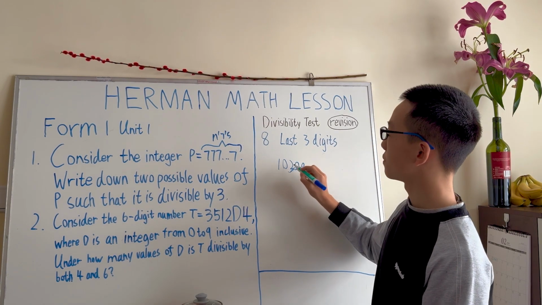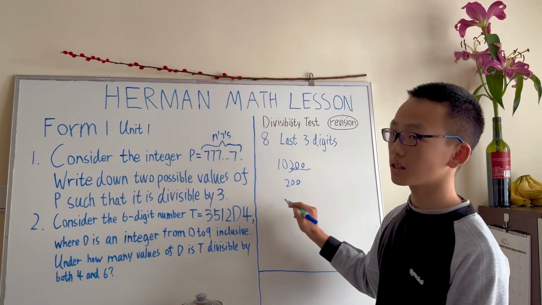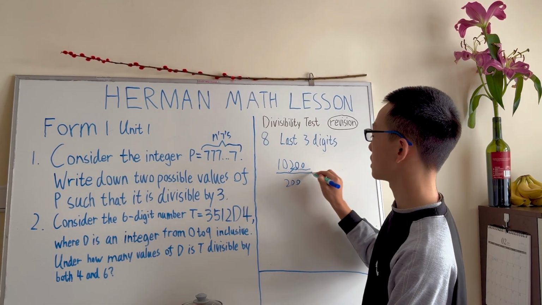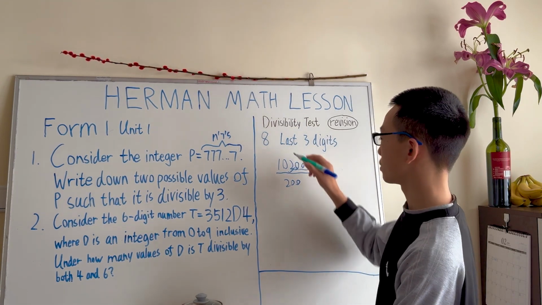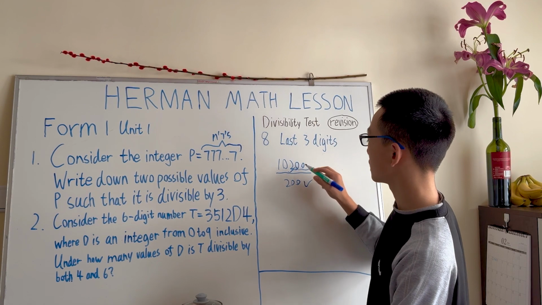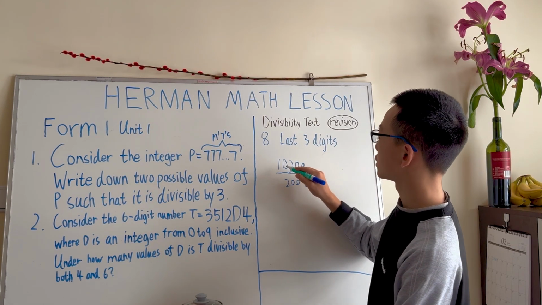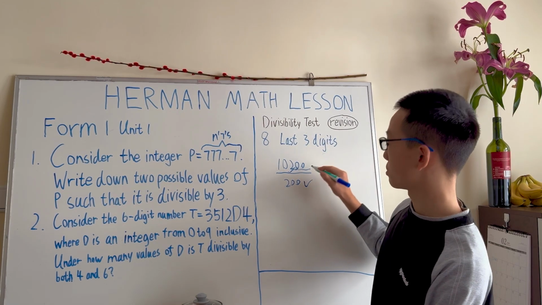If 200 can be divided by 8, then this number is a multiple of 8. Like 200, it is a multiple of 8. Then this 10200 is also a multiple of 8.